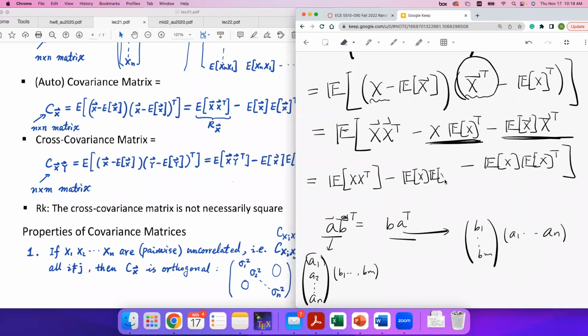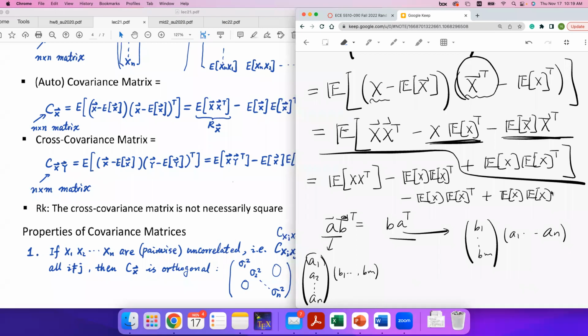EX transpose. And this one, the expectation applies to the second one, minus EX transpose. So this should be plus. And plus EX transpose.